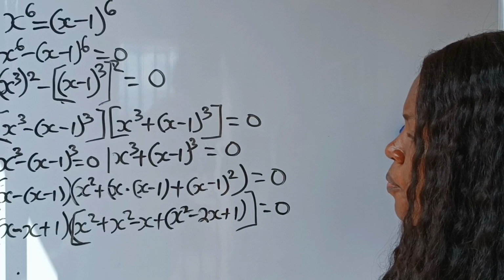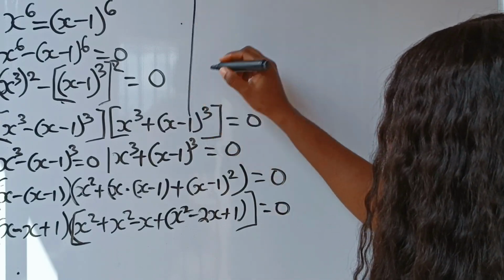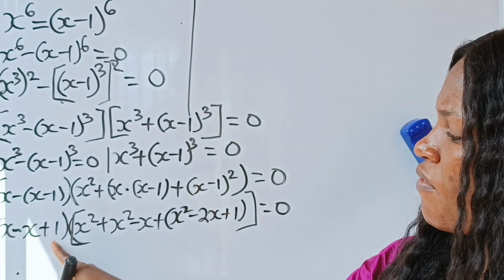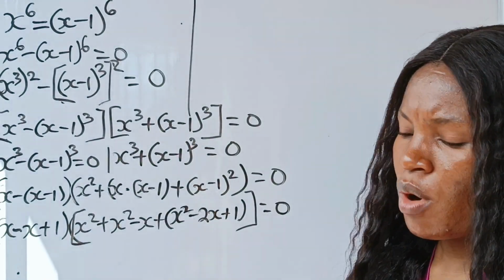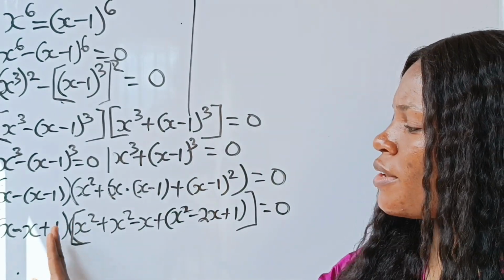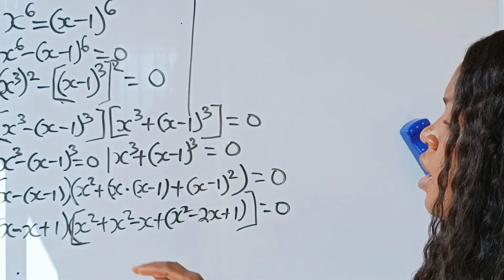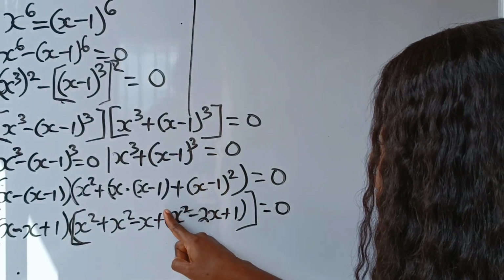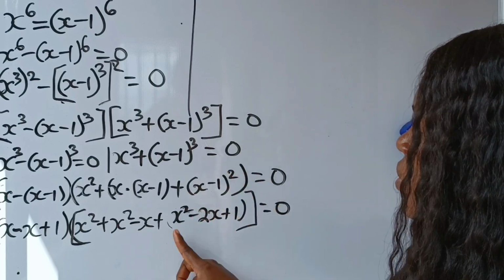Is equal to 0. Then we write x minus x is actually 0. So what we have here is 1 multiplied by this, and 1 multiplied by anything is still that thing. So we are going to ignore this bracket, okay? We are going to concentrate on this. There's no need for this bracket anymore; we have actually opened the bracket.